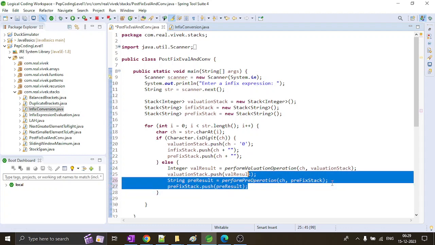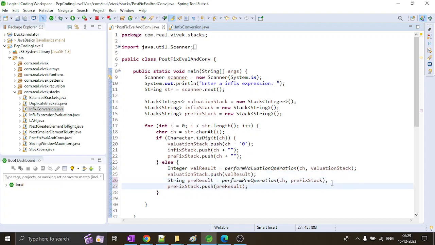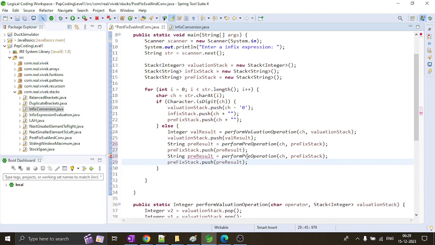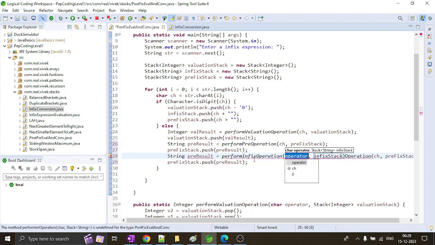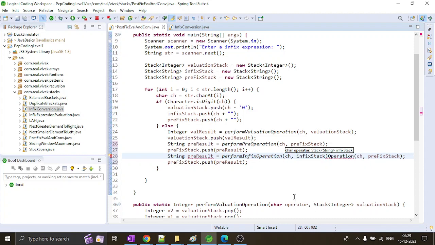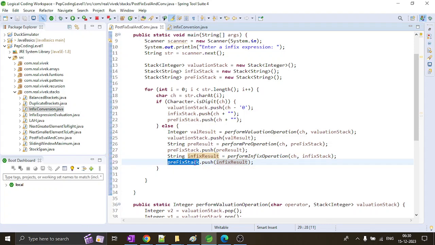And we have the infix operation as well. We push the infix result into the infix stack, so the stacks will change here.